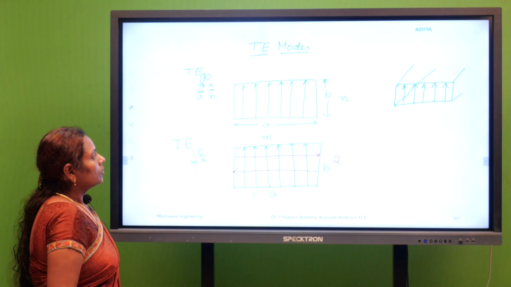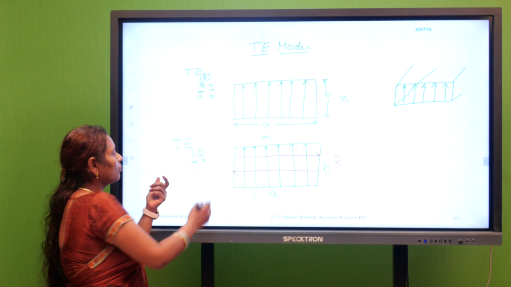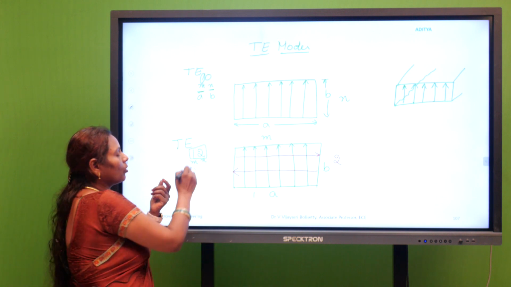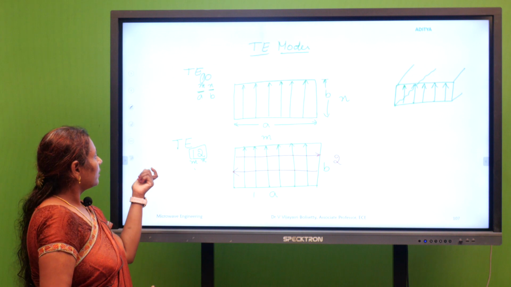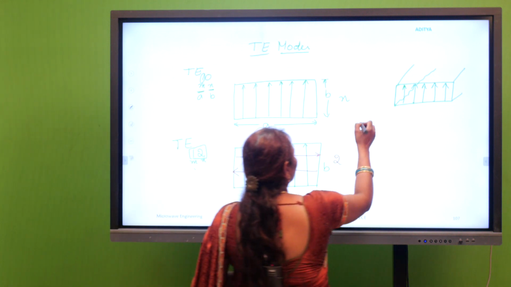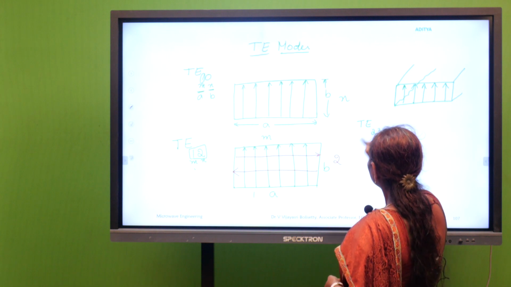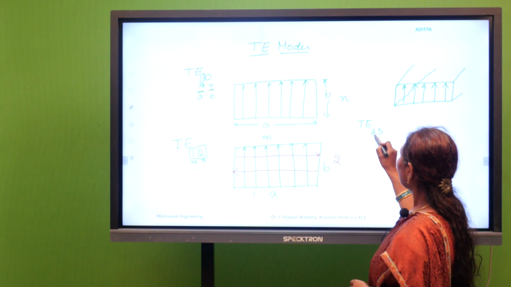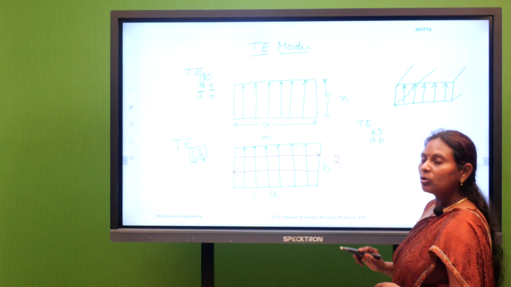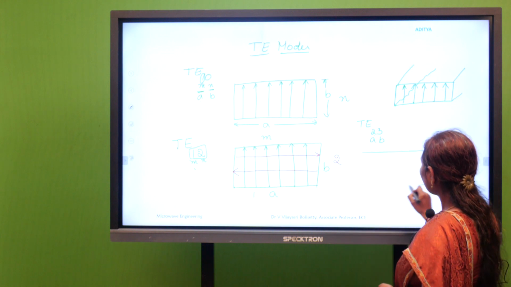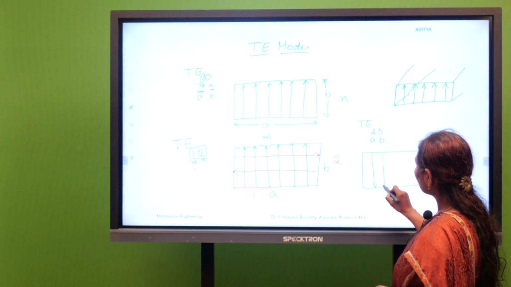This says the number of variations onto the broader dimensions A and B. For example, if you take TE23, that means 2 variations onto A and 3 variations onto B. So, we can show that, suppose it is a rectangular waveguide, 2 variations we have to show.